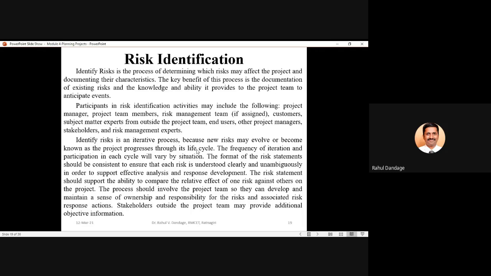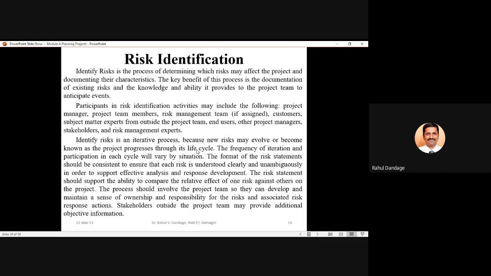You can use the end users in this process. You can consider the opinions and feedback from project managers working on other projects and activities. Whatever stakeholders your project has should be taken into account, and also some risk management experts.